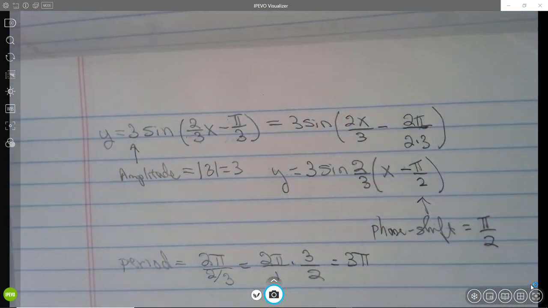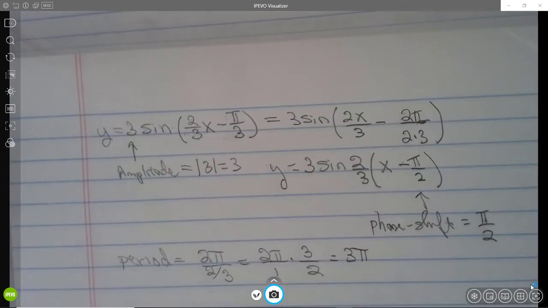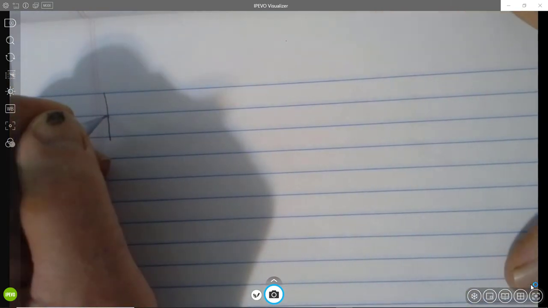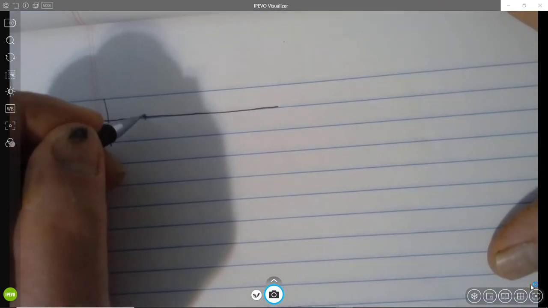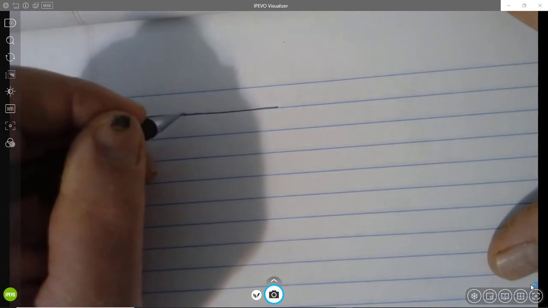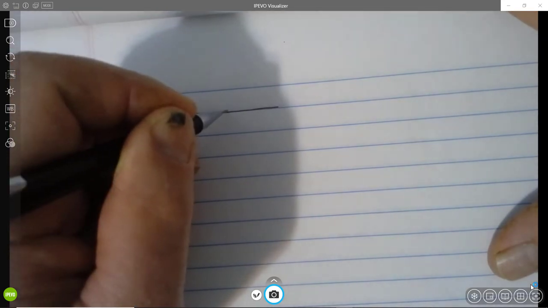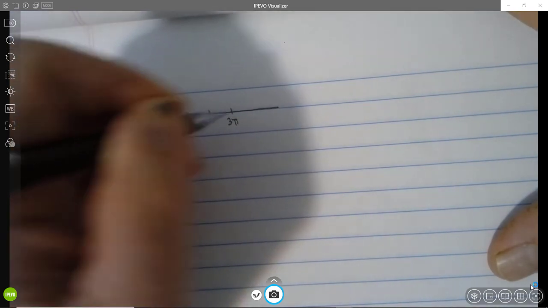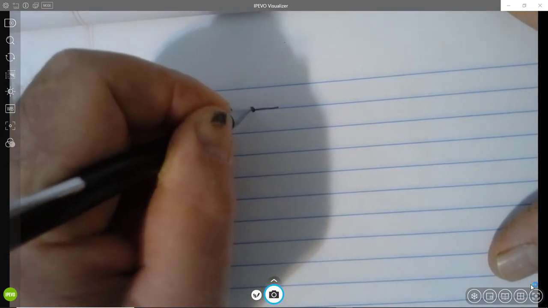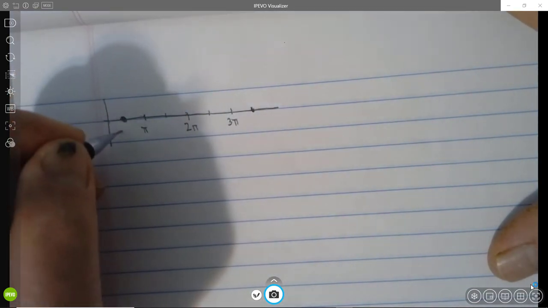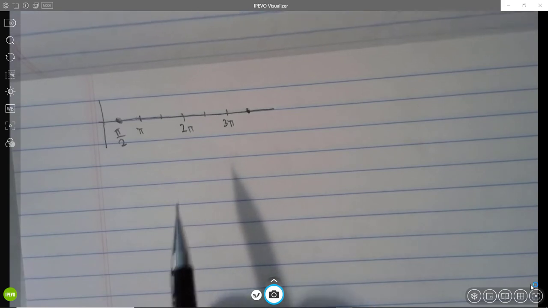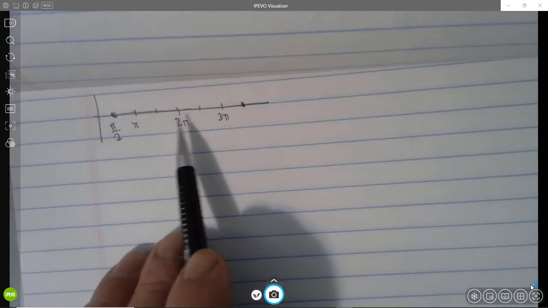So we have, of course, this basic shape that we're working with, and we have now computed the location of these points. We know that that started at pi over 2, so let's get our units marked out. We ended up at 3.5 pi, so that was a 0. Started out at pi over 2. That was a 0. Then halfway between there is where our other intercept is.